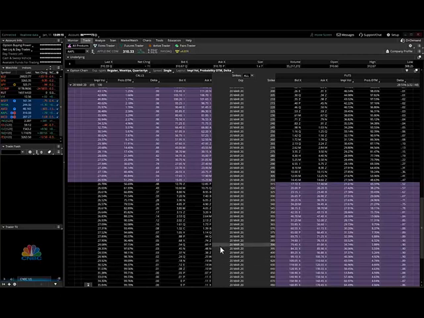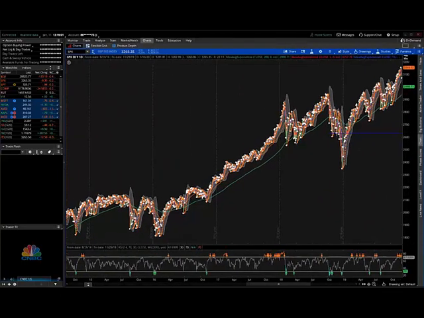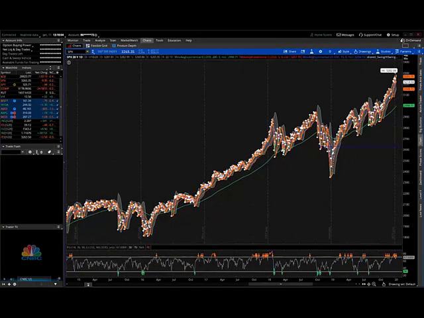Because typically I tend to think in terms of things moving up, and I'll explain why I think that way. This is going back 20 years on the S&P. If you were to look at this chart, what would you say the overall trend of the markets in general is? Of course, you're going to say it's up, because it's from the lower left to the upper right.